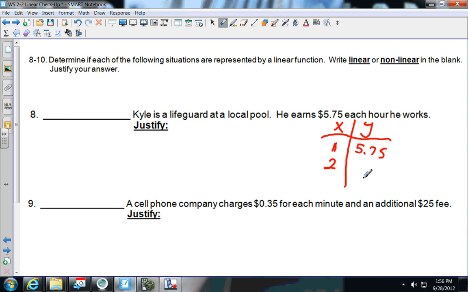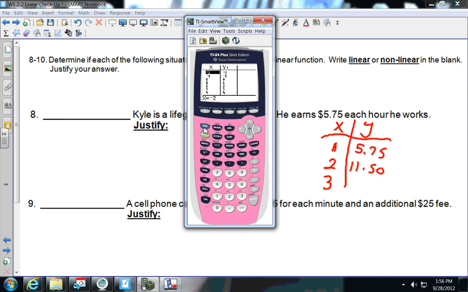Working 2 hours, 11.50. 3 times 5.75, my brain is not working today. 5.75 times 3 is 17.25. I'll just double check my math here. Oh, good. All right.